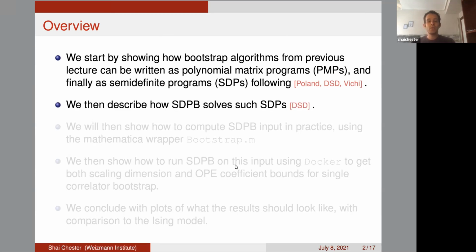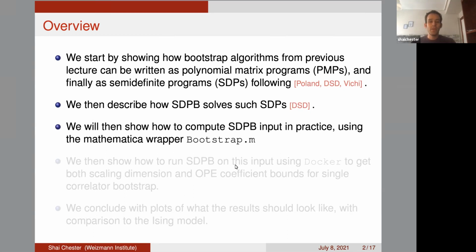We then describe how you can use a program called SDPB developed by David Simmons-Duffin to solve such semi-definite programs. Then we're going to discuss how to compute SDPB input in practice using a Mathematica wrapper called bootstrap.m, which you can find on the online notes. So if you download the source file, you will find this Mathematica wrapper in that file, so you can follow along at home.